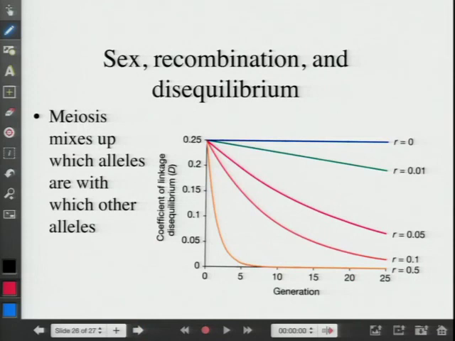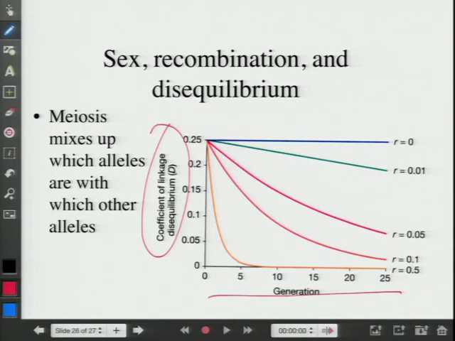What happens with sex is the recombination of these genotypes that reduces linkage disequilibrium, mixing up which alleles are found with which other alleles. Here's a graph, the kind you got from your allele simulation, across 25 generations, showing the coefficient of linkage disequilibrium as a function of different recombination rates.